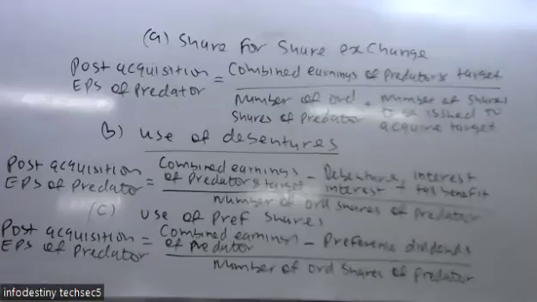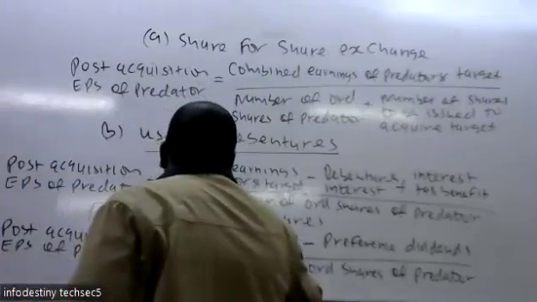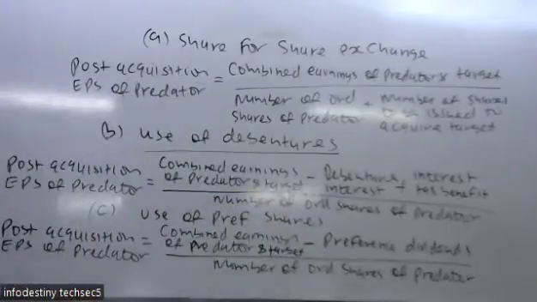So this last one, the use of preference shares: you just get the combined earnings of the predator and the target, then you subtract the preference dividends, but you divide by the number of ordinary shares of the predator.